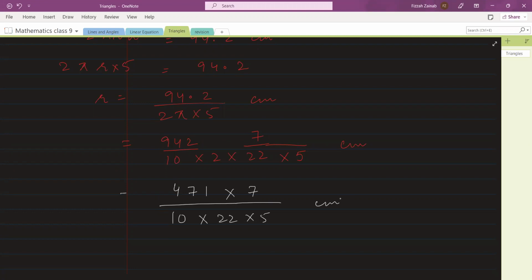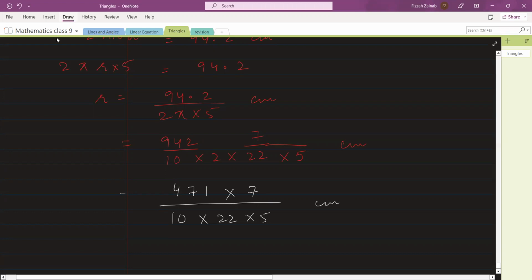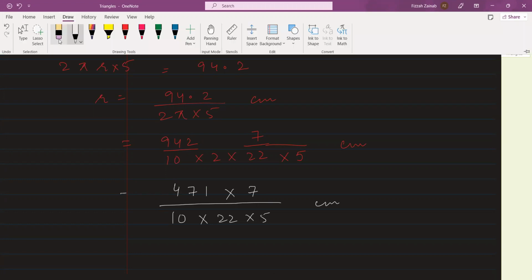In the question it was given that you have to use pi as 3.14, right? So that will make your calculation easy. Let me put that value here.